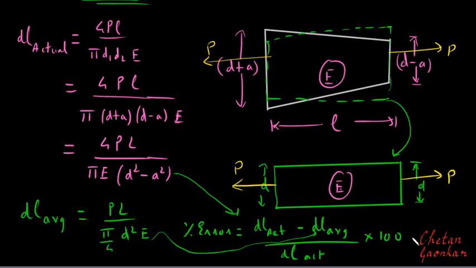If I substitute these values here and multiply by 100, I will get 100 multiplied by a square over d square. This is the amount of error which we will get if we consider this actual bar, whose diameter is changing from d plus a to d minus a, to be a bar of uniform diameter d.